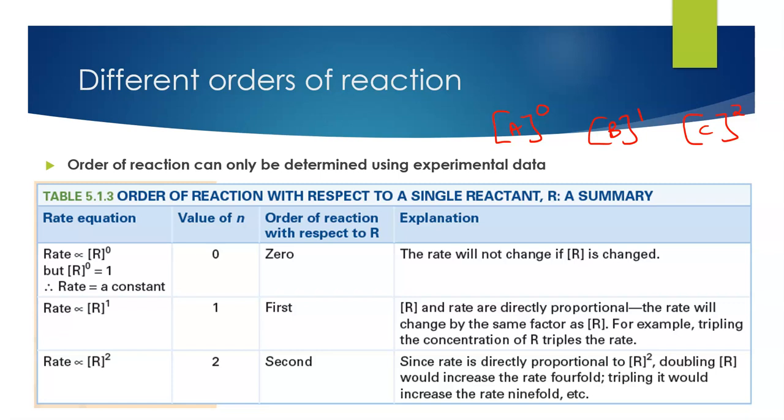If we triple it, it's going to be 3 squared, so that's going to be 9. So if we double the concentration, it will be a fourfold increase, and if we triple the concentration, it will be a 9-fold increase in the rate due to this squared proportionality.